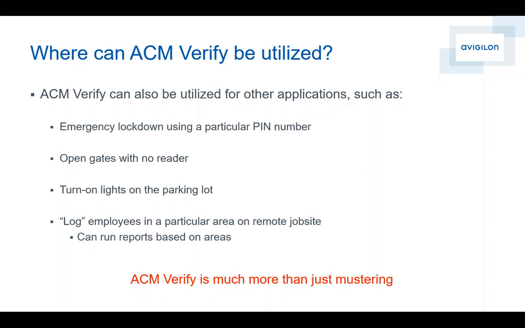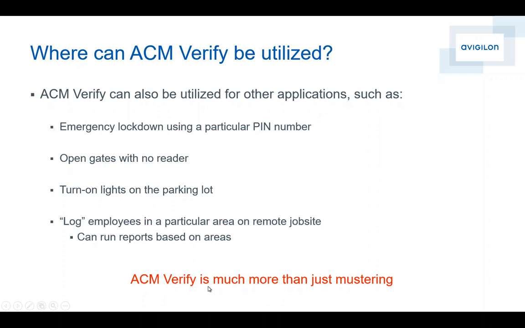You can always run reports on those, and it allows you to understand a little bit more about the movement of people in your organization. So once again, I want to emphasize that although we utilize the mustering example as a simple example because everybody understands how that works, ACM Verify is much more than that. As you can see here, we can apply this to many different applications.